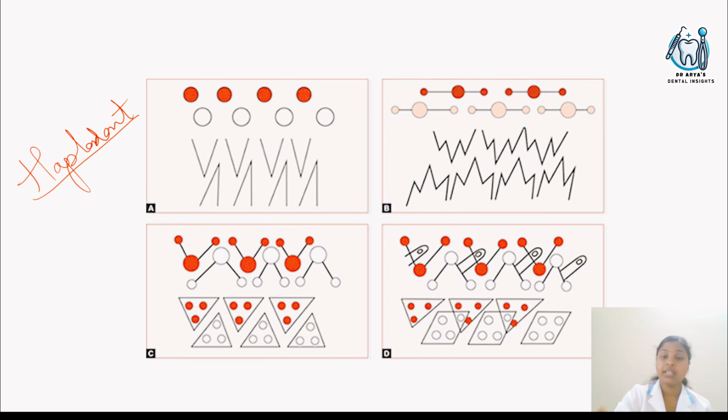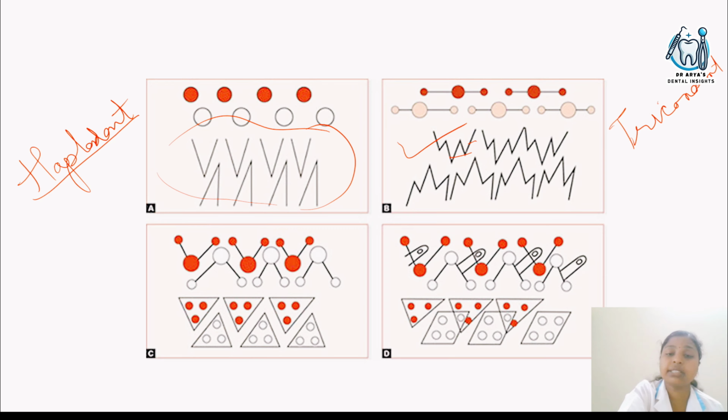Then the next one is the triconodont. Here it exhibits 3 cusps in a line, so 1, 2, 3.